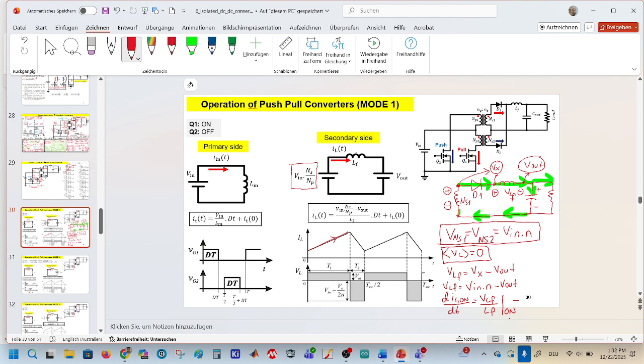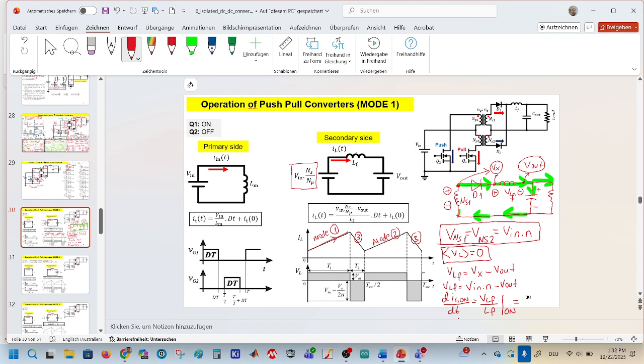This was for mode 1 or mode 2. This is the so-called first mode, and this would be the second mode, and this would be the third mode.